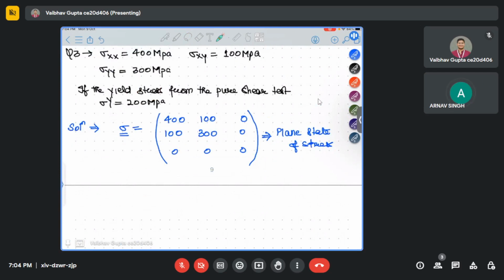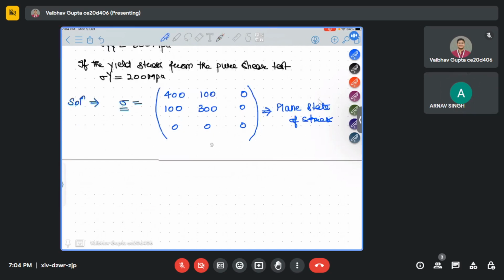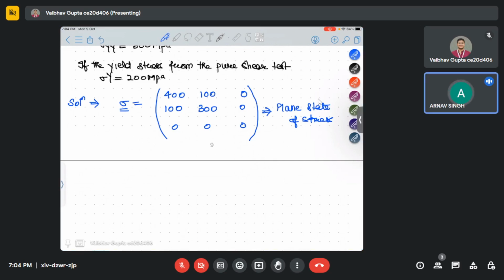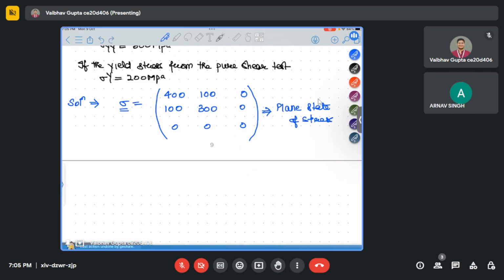So the first step is to find the values of the principal components of stresses. We have two ways to find them. First is the Mohr circle equations, as we have seen long back, to find the principal stress values. The other is the invariant formula that we got: k1 lambda cube plus k2 lambda square minus k1 lambda plus k3.